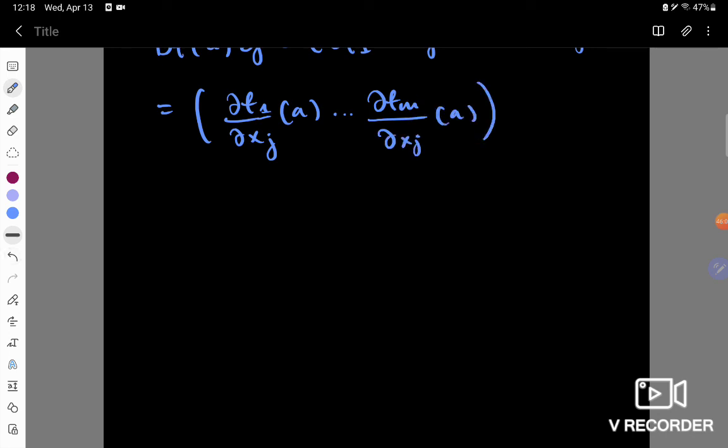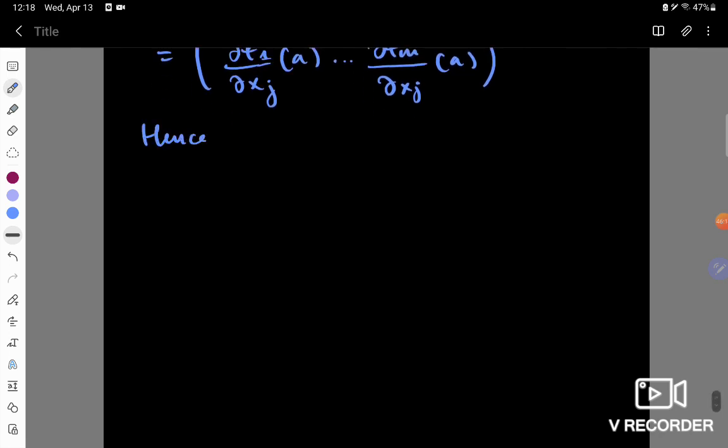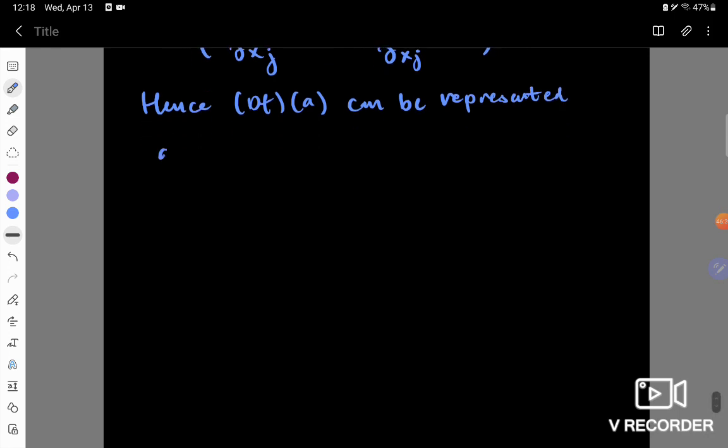And this is going to be a representation for that. Hence, df of a can be represented as an m by n matrix.